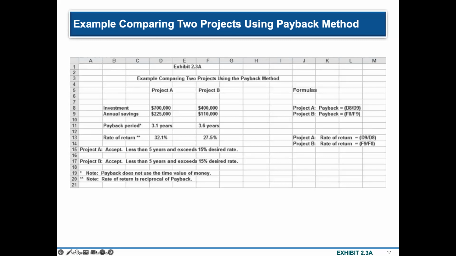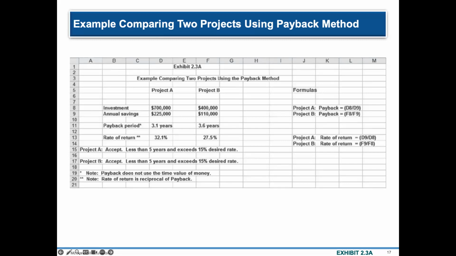If you actually divide 110,000 by 400,000, you get a rate of return of 27.5%.